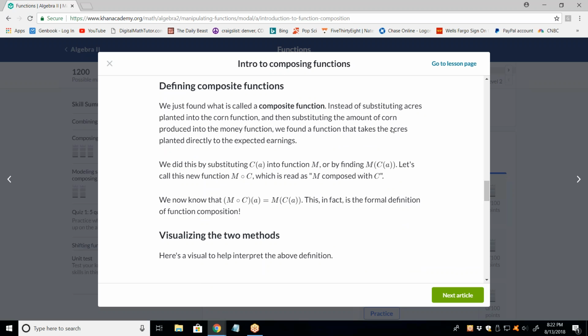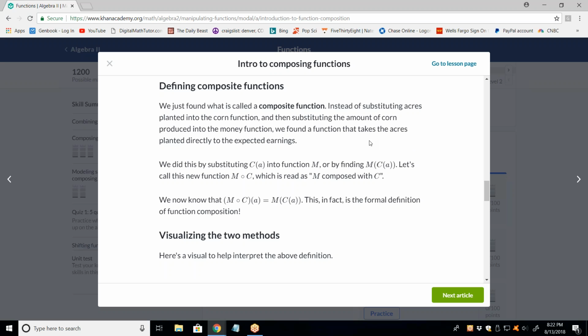Now, all of this is kind of getting into the subject of composite functions. Notice that what we've done is taking a 2-step process, which is substituting the amount of acres to figure out how much corn we make, and figuring how much corn we make to figure out how much money we make. Well, if we can do that in 1 step, it's better.